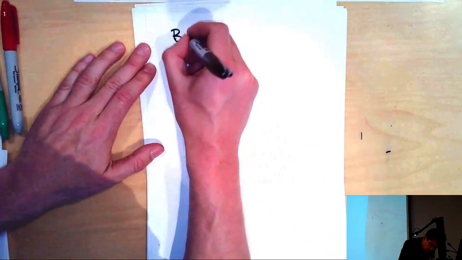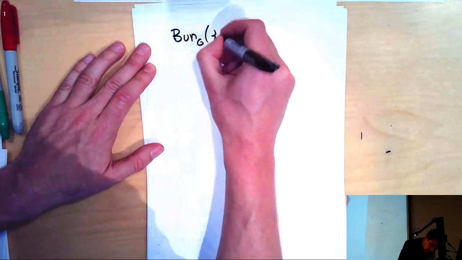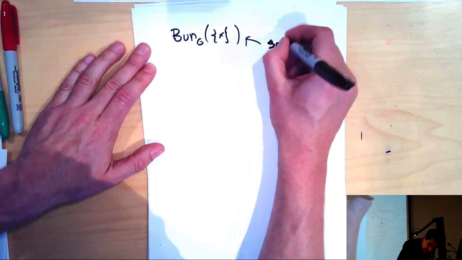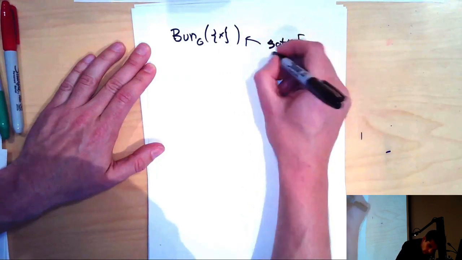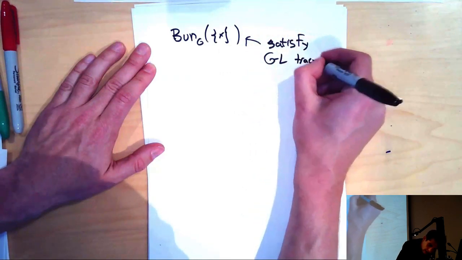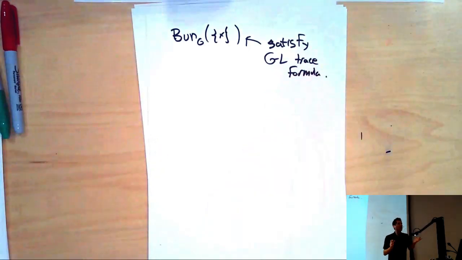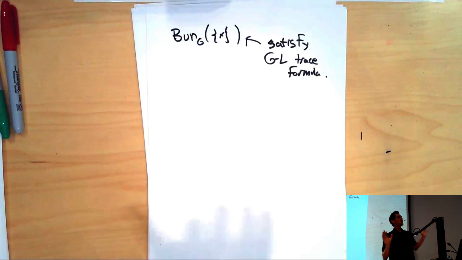So let me mention, if you look at these Bun_G,x's, these also satisfy the Grothendieck-Lefschetz trace formula. That's something that I'm going to expand on in the next lecture. It's not a hard thing to prove.